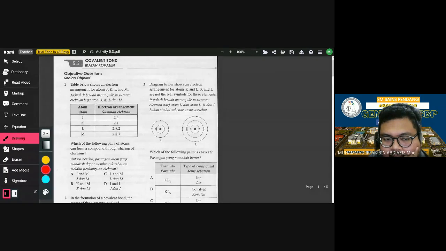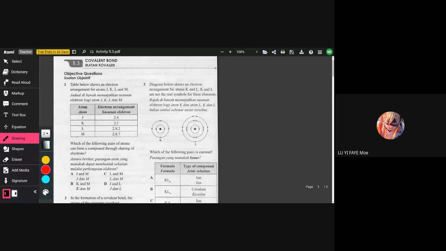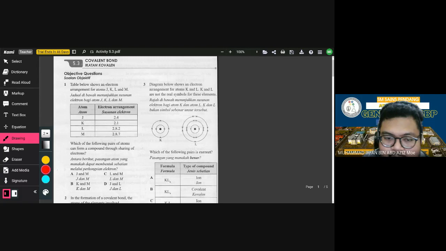So, Anas, kenapa A? Boleh tulis dekat chat. Ada tak Anas ni? Ke Anas tertekan A je? Ada. Okay. Kenapa jawapan Anas letak A?